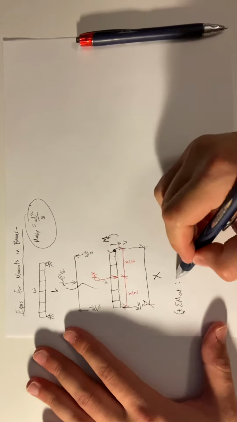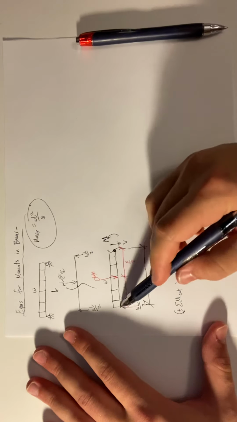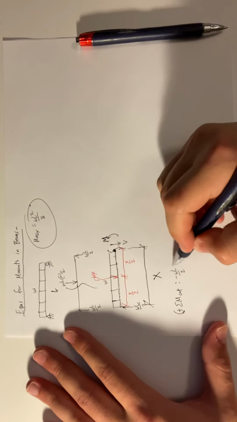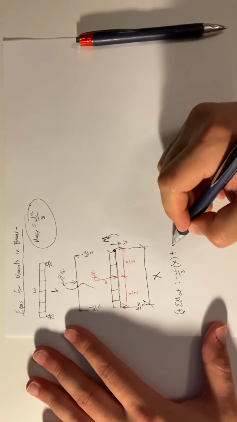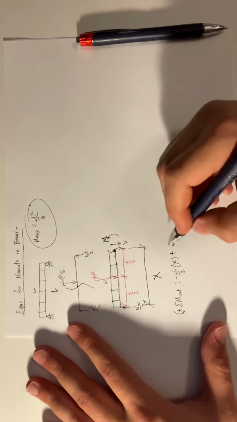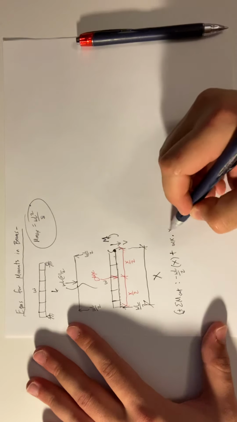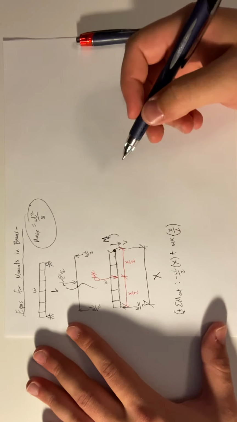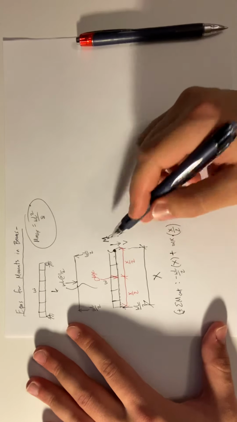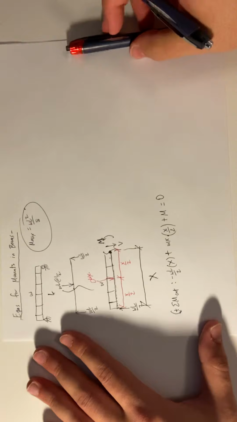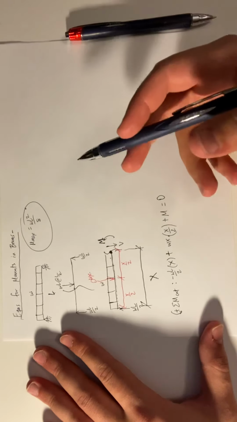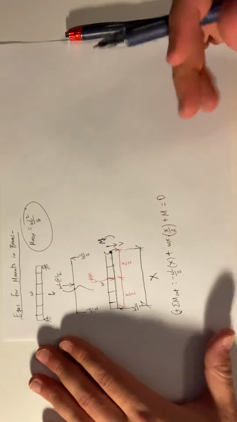So that's negative WL over 2 times X, right? Plus WX times X over 2. Plus, don't forget your M, equals 0. I'm calling it W, it's omega, so I'm sorry if that happens.